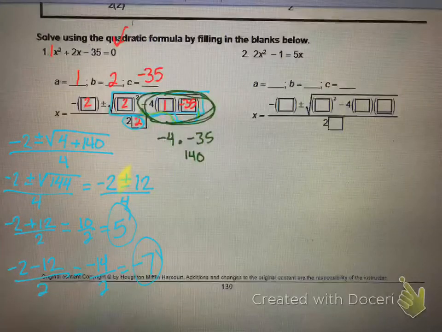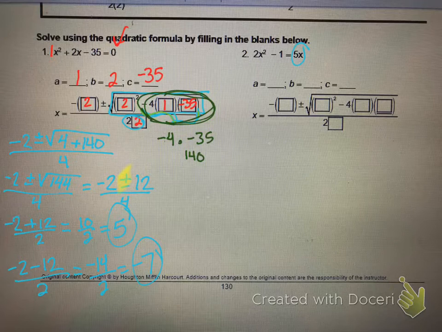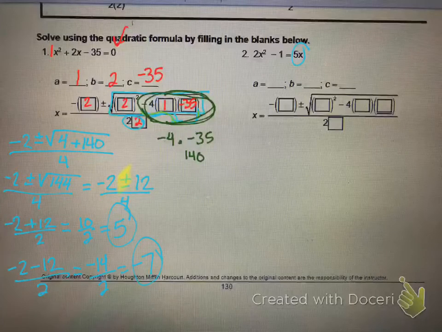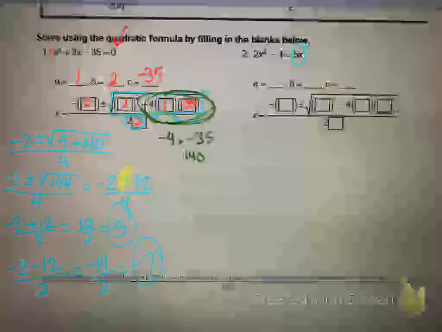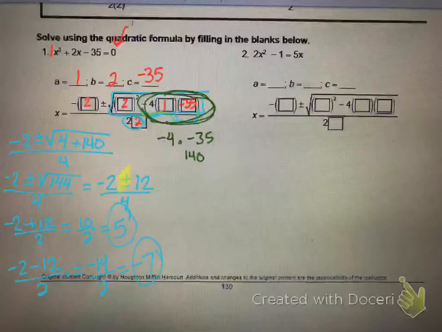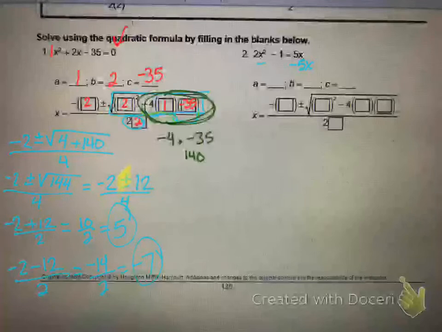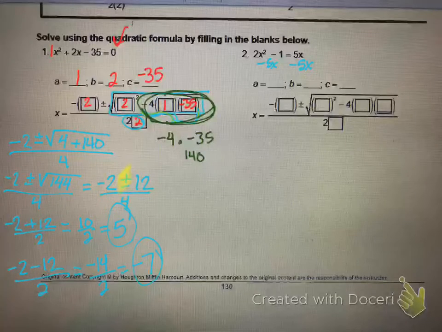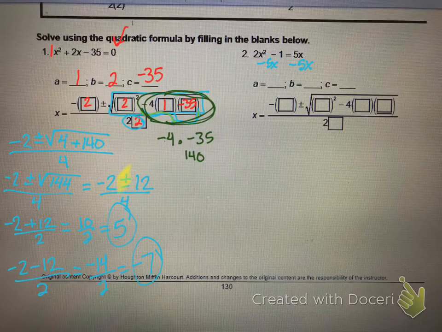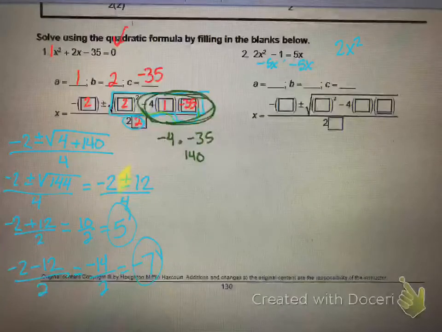So first thing that jumps out to me right away, I have a 5x at the end of my equal sign. First thing I'm going to do is have to get rid of that. So I want to move this over. Over here, there's no like term, so I'm just going to write it in standard form. So 2x squared should go first.